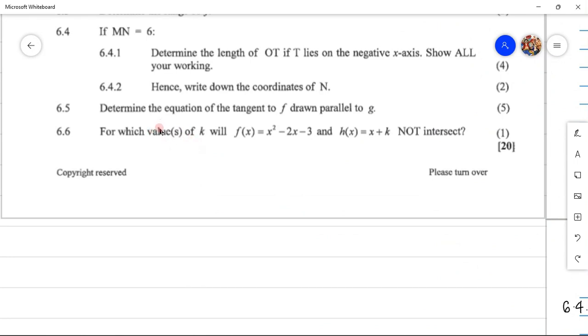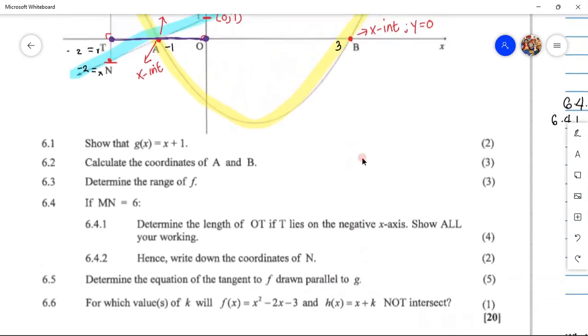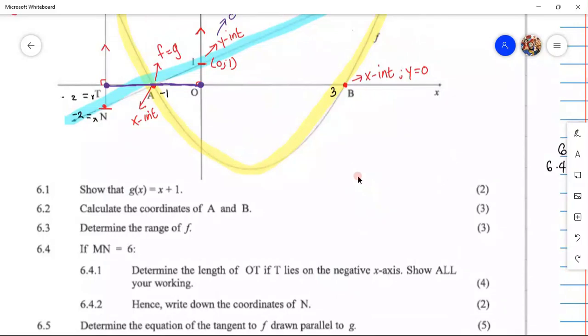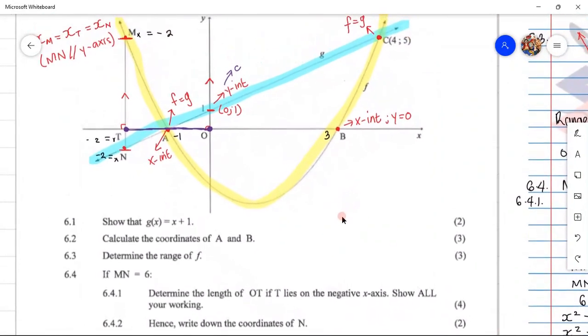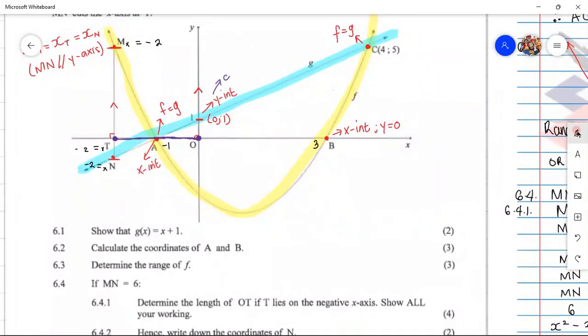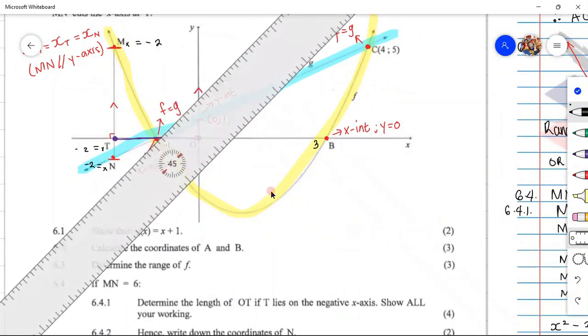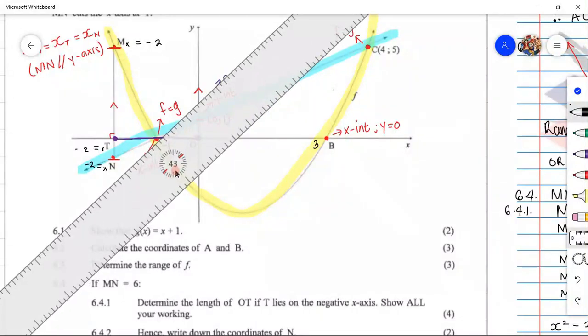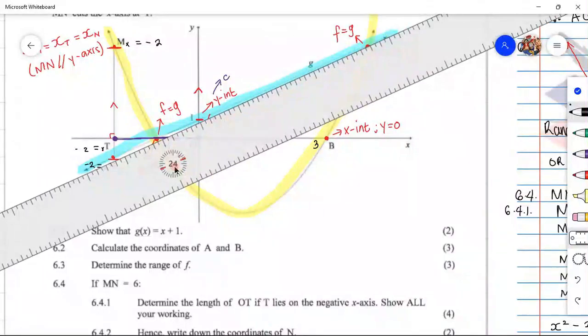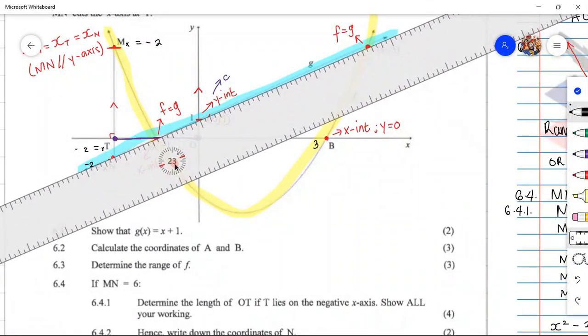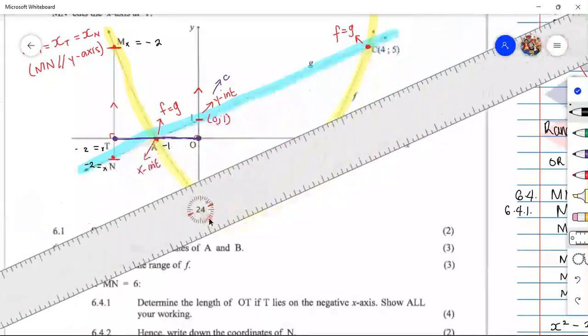So question 6.5 is determine the equation of the tangent to f drawn parallel to G. So let's look at our function G. So our tangent is to the function f and it must be parallel to G. So let's just draw a random line that is parallel to G so that we have a basic kind of reference or something to use as a visual representation.